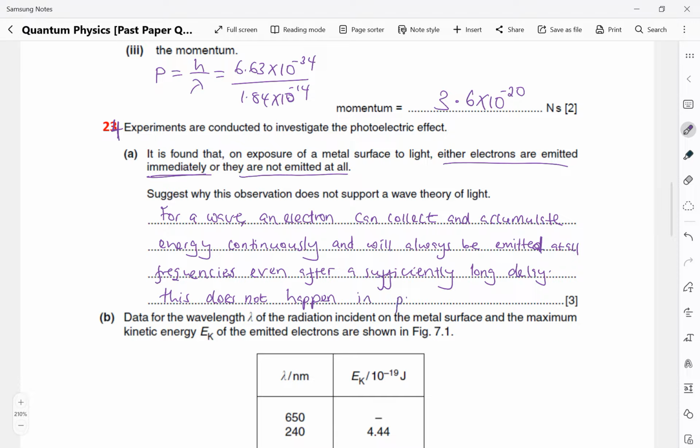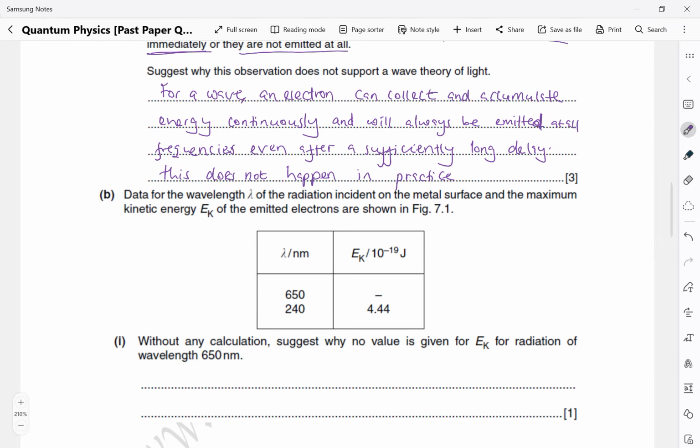Observations show that if you shine light of low frequency onto a metal surface for the whole year, as long as the photon energy is less than what is just enough to eject an electron, electrons are not ejected. But if you shine light which has high enough energy onto the metal surface, emission of electrons is instant, or immediate. There is no time delay.